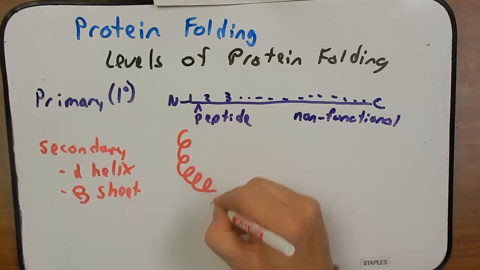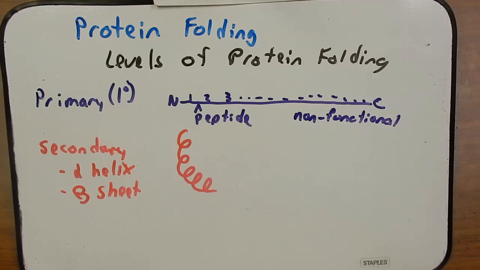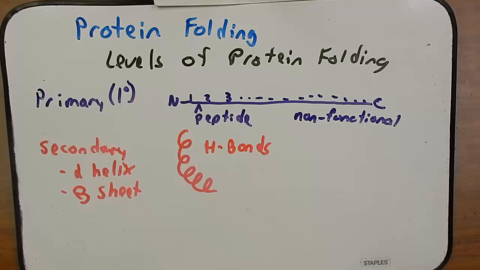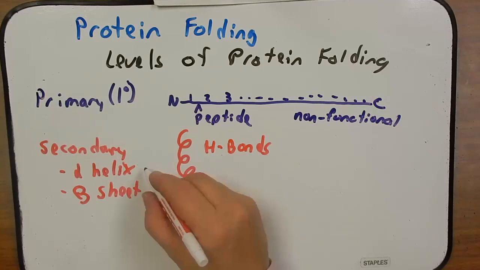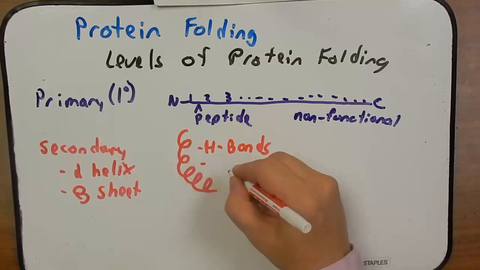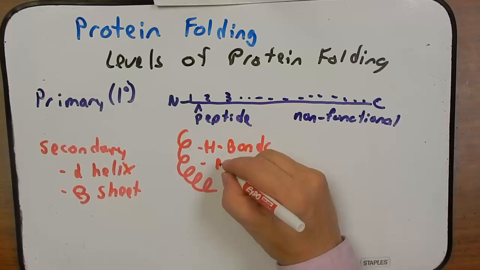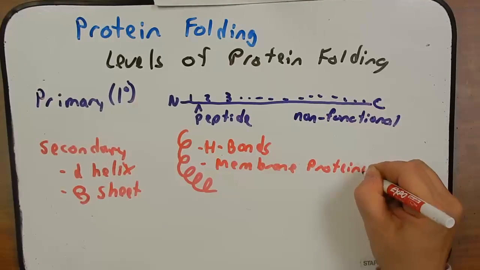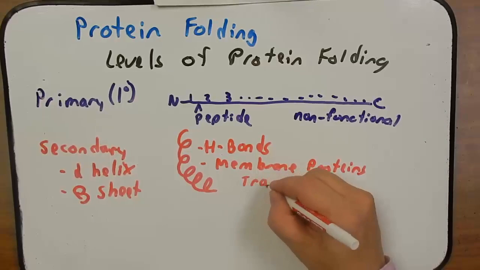It forms just a simple helical structure. And again, it is characterized by hydrogen bonds between amino acids that are relatively near. So this alpha helix is often found in membranes, or membrane proteins, I should say, that function in transport.